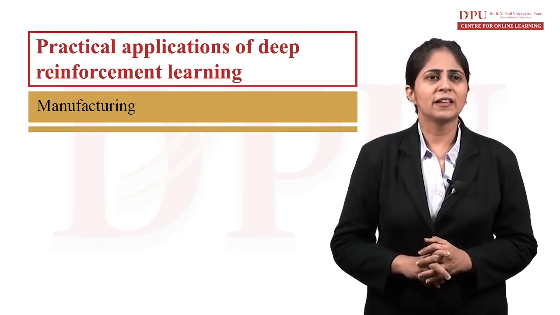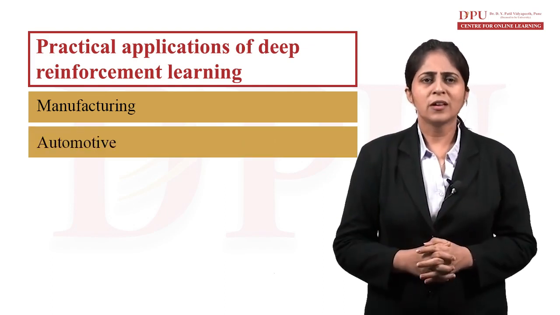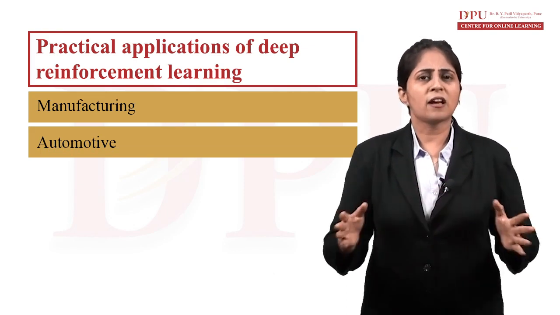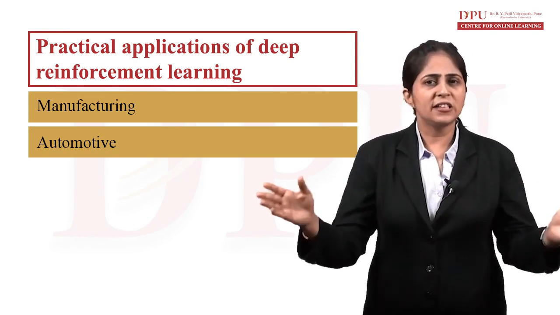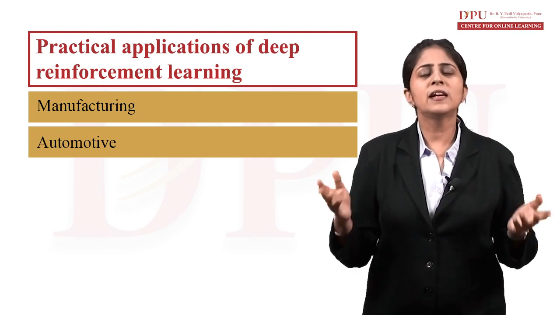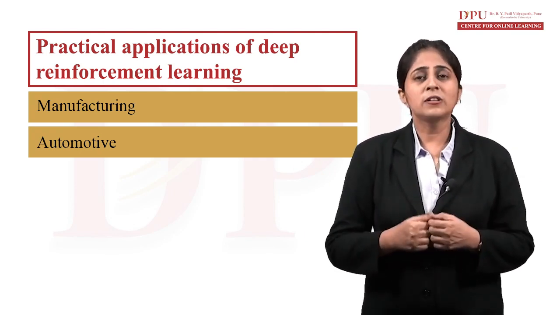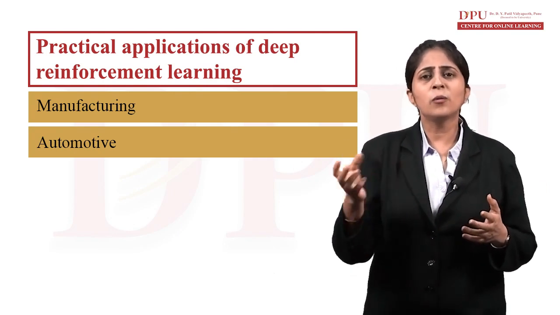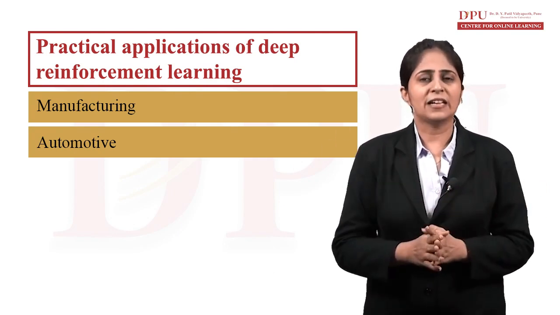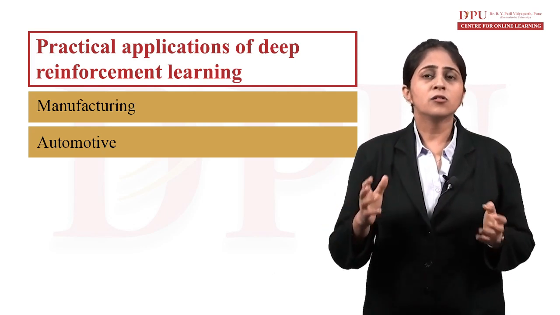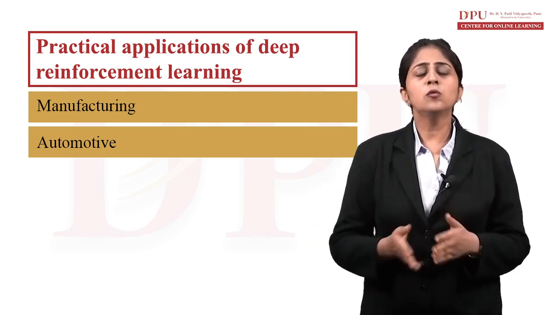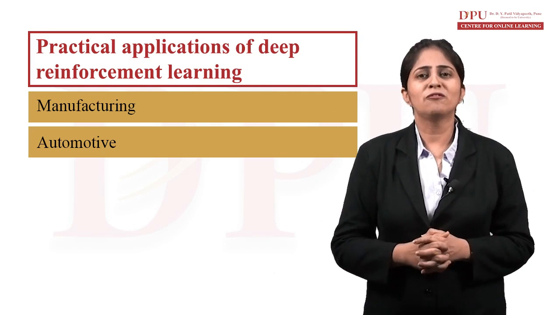Talking about the second one, that is automotive. In the automotive industry today, a large data set will power the deep reinforcement learning. Because we are talking about deep reinforcement learning, it requires a lot of data so that it learns new things from the environment.